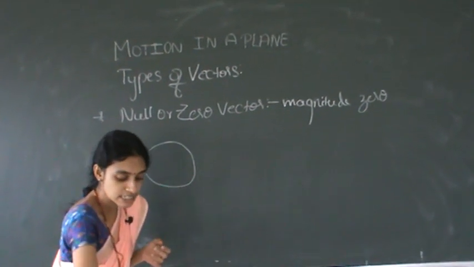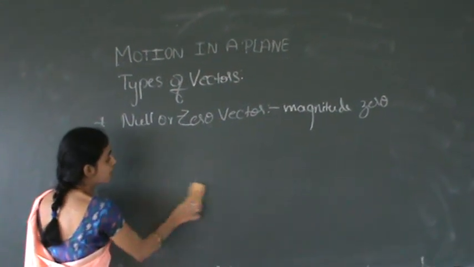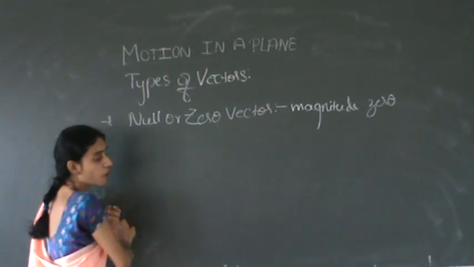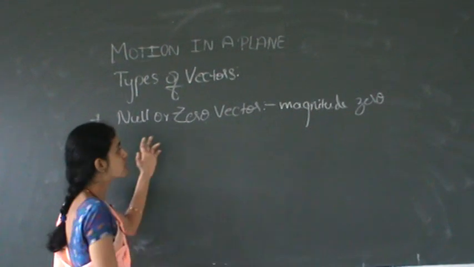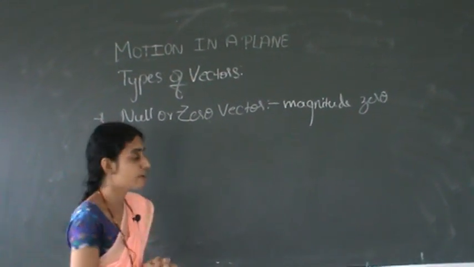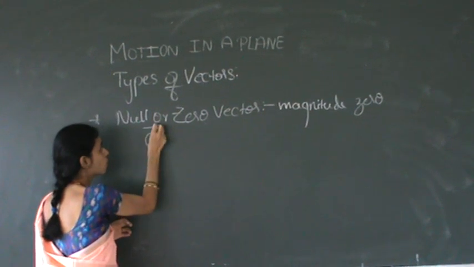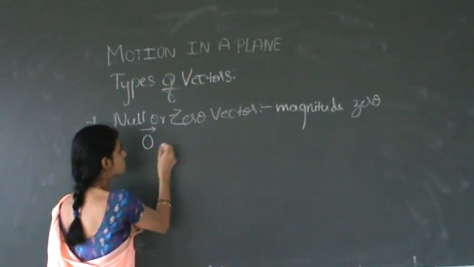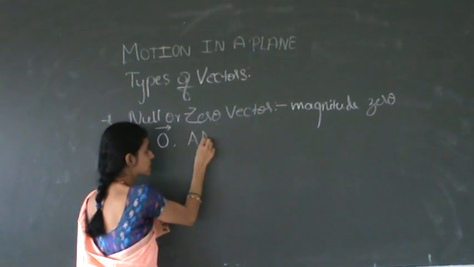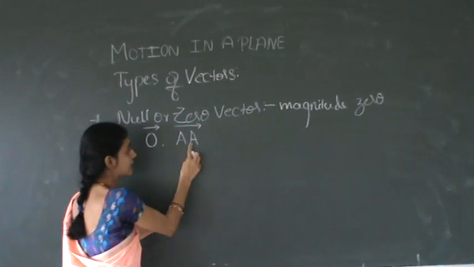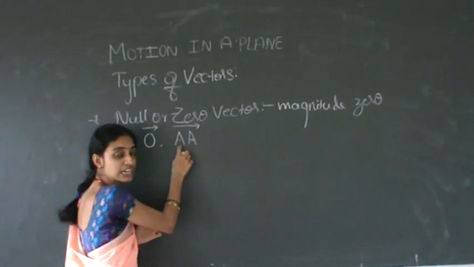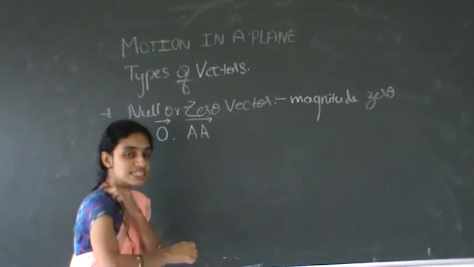In such a case, such type of vector is called a null vector or zero vector, usually represented with vector O, or we can also represent it in terms of vector A, which indicates initial point and final point are the same.